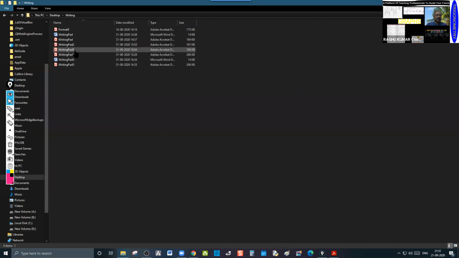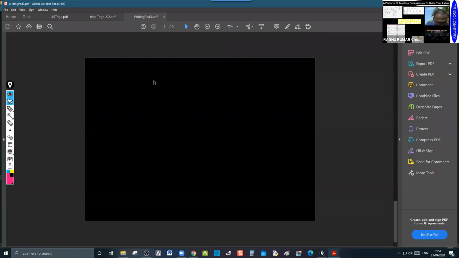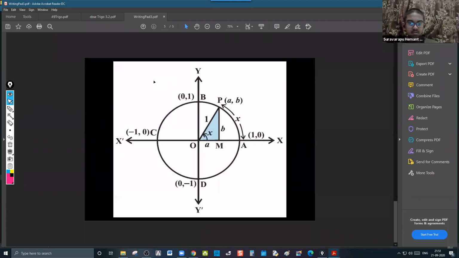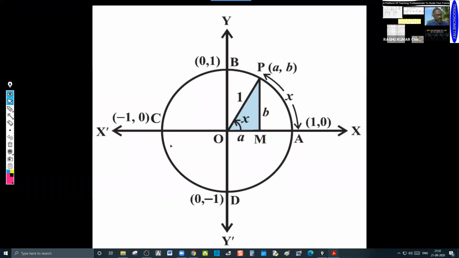What is the unit circle? First of all, you tell me that, please. A circle with radius 1. Correct. A circle with radius 1 is nothing but a unit circle. That's what is shown there. Is it clear to you or not? Yes, sir, totally clear.